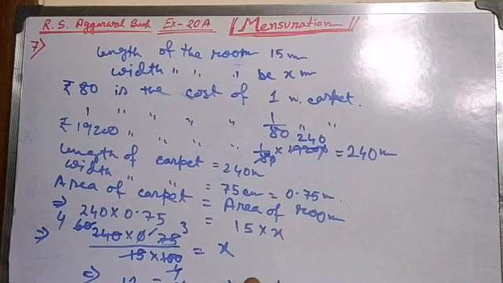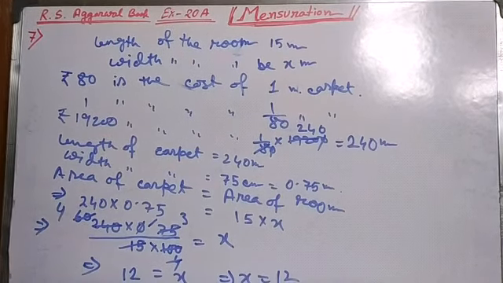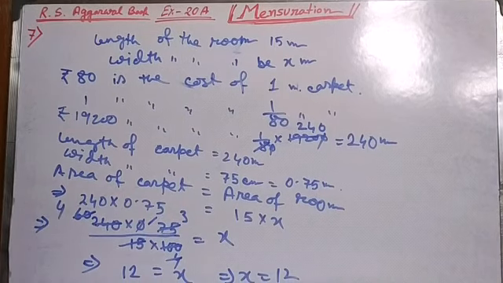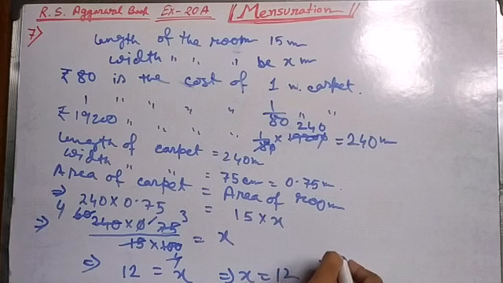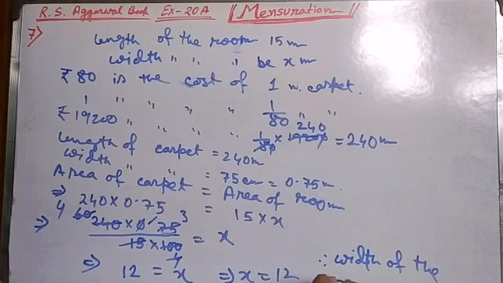Implies x equal to 12. Therefore the width of the room is 12 meter.